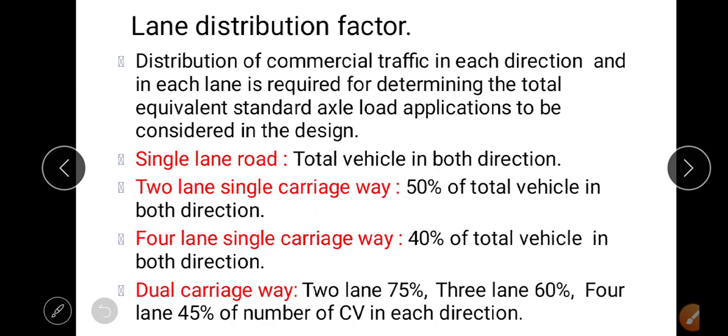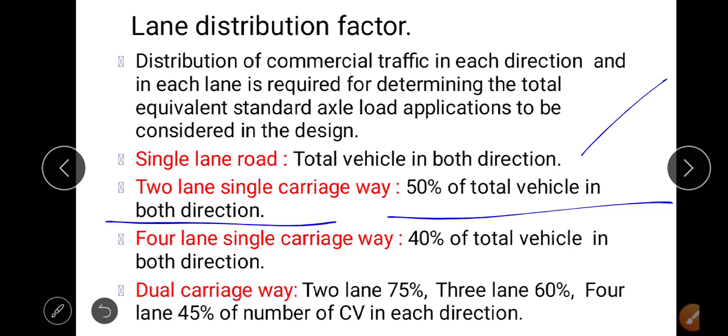Now LDF. Distribution of commercial traffic in each direction and in each lane is required for determining the total equivalent standard axle load applications to be considered in the design. Single lane road, total vehicles in both directions you have to count. 2-lane single carriageway, 50% of the total vehicles in both directions. 4-lane single carriageway, 40% of the total vehicles in both directions.